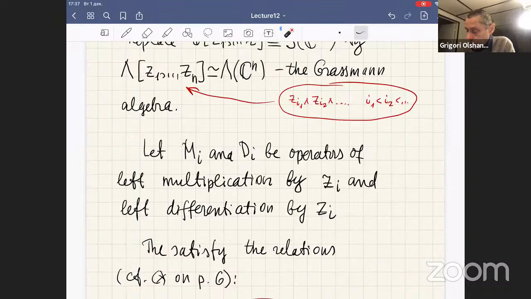So this is just the operator of the form: if you have some Grassmann element, we send it to this one.